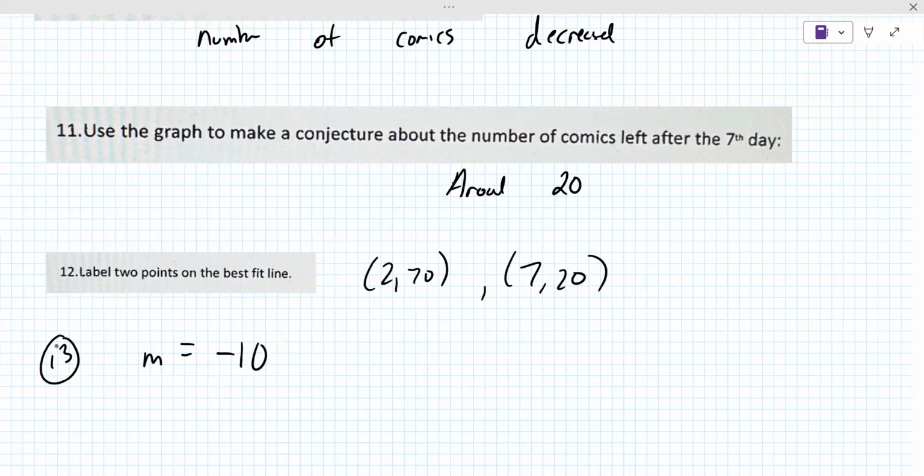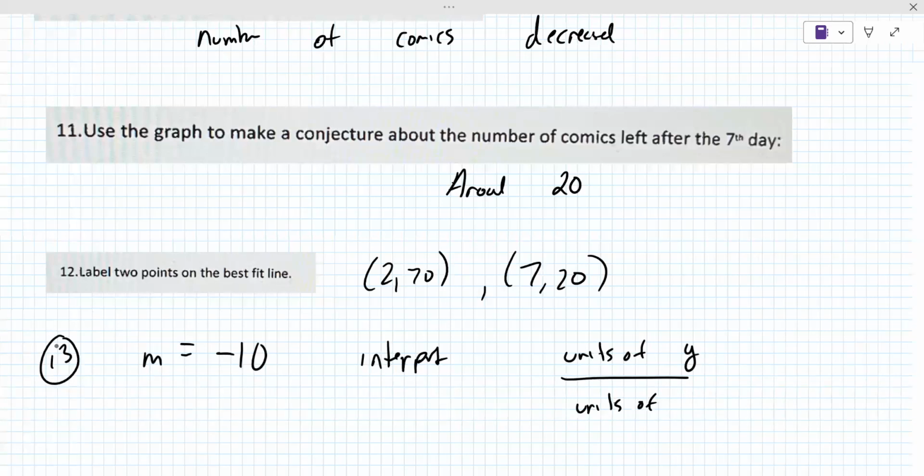So what does that mean? It says to interpret, and it's like units of y over units of x. When it's negative, you want to say something about it decreasing. What is actually decreasing in this scenario? The stock of books.